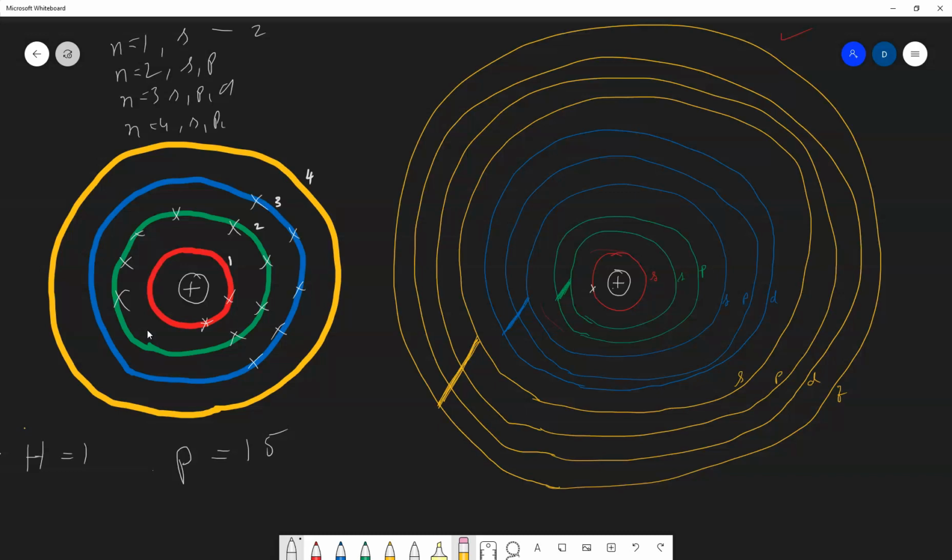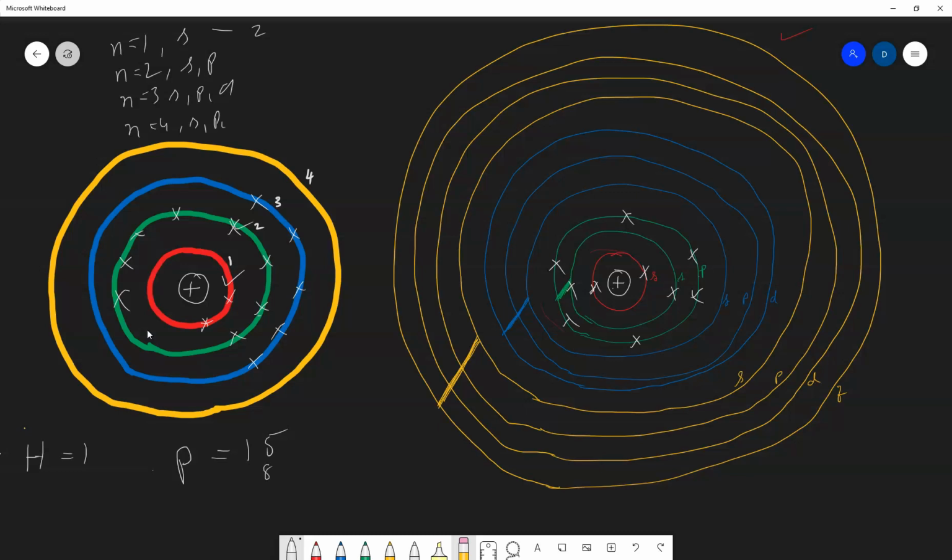Now when it comes to the SPDF model, we'll have 2 electrons here, so we are done with this one. The second shell has 8 electrons, and we know the second shell is made of s and p orbitals, where s can have 2 and p can have 6. So we are done with the second.